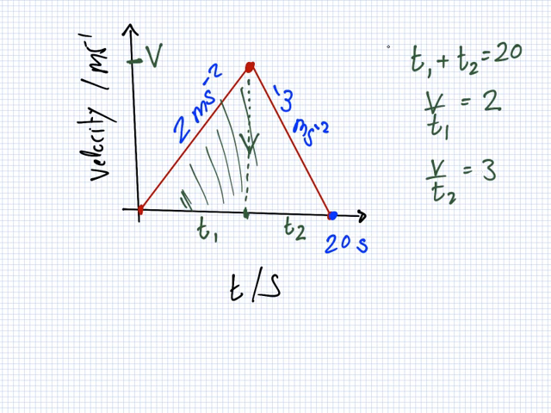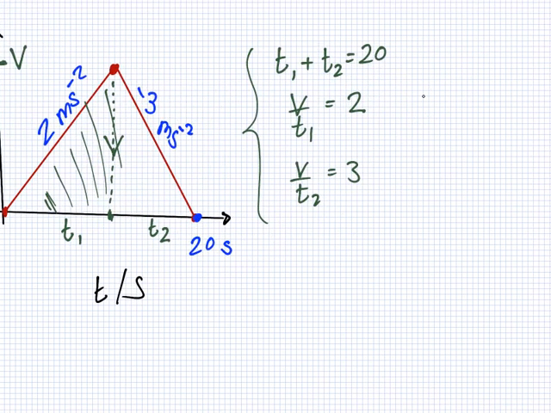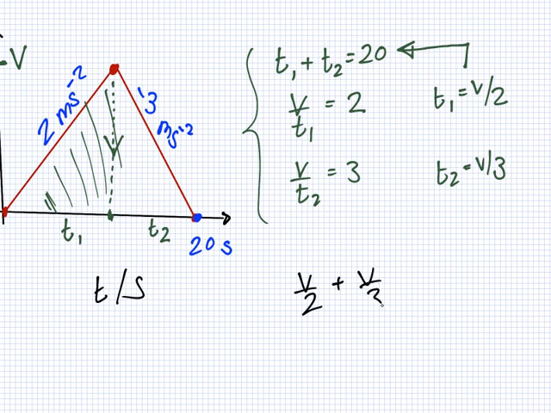So when you look at all of these together, you can say T1 equals V over 2 and T2 equals V over 3, and I can take these two and put them into this one at the top. So now I have V over 2 plus V over 3 equals 20.